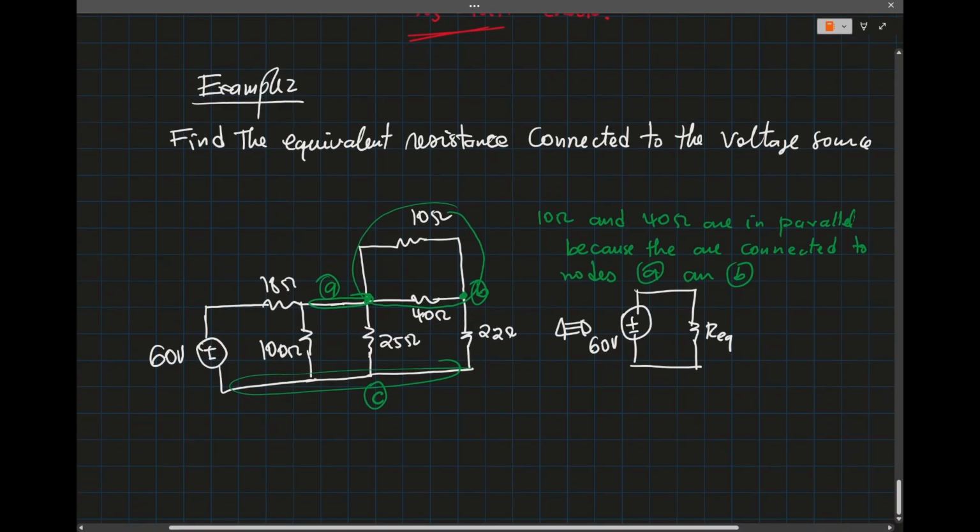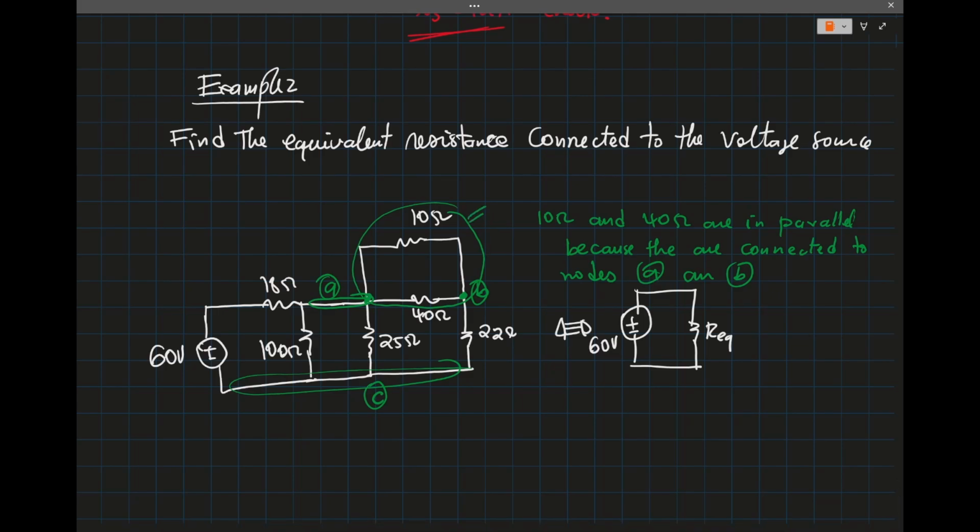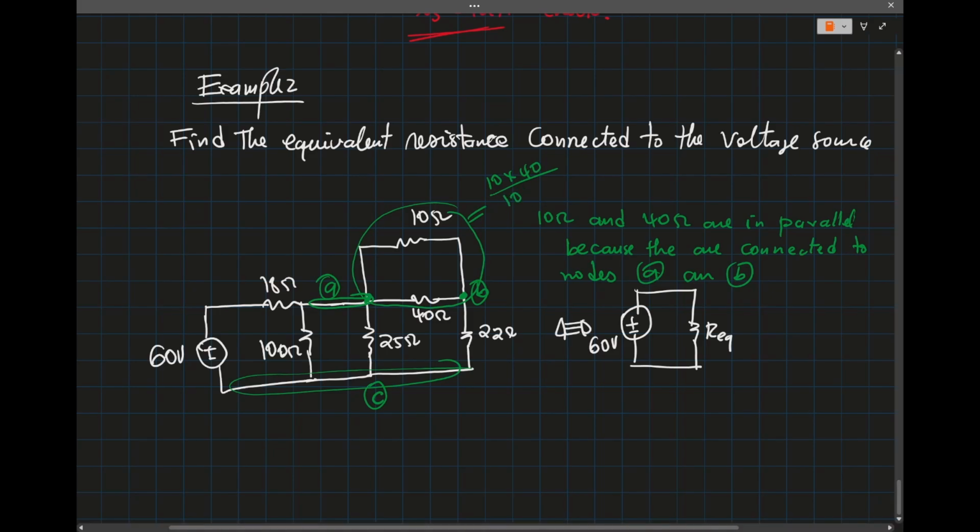So that means the equivalent will be 10 times 40 over the sum, 10 plus 40.